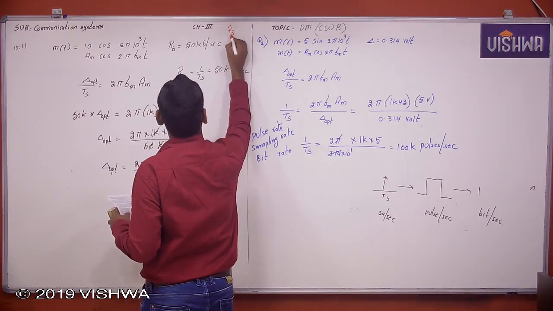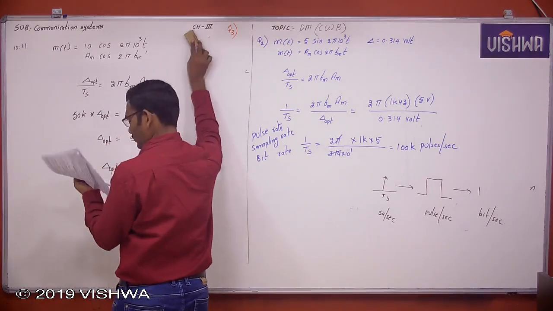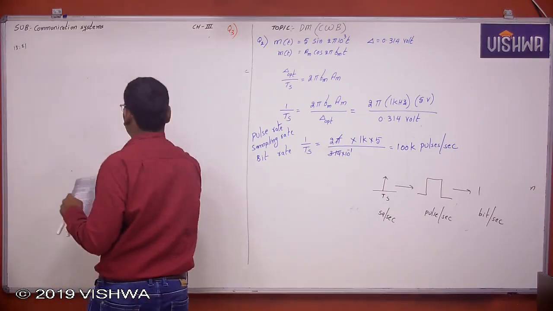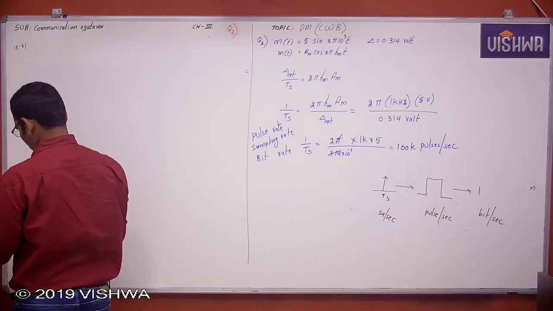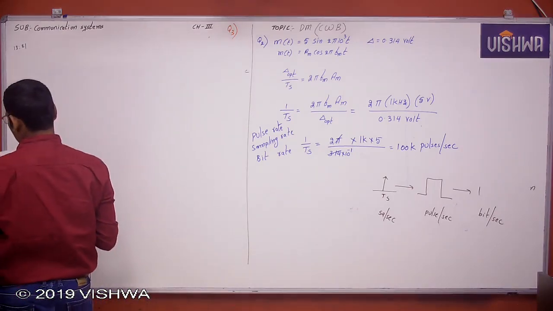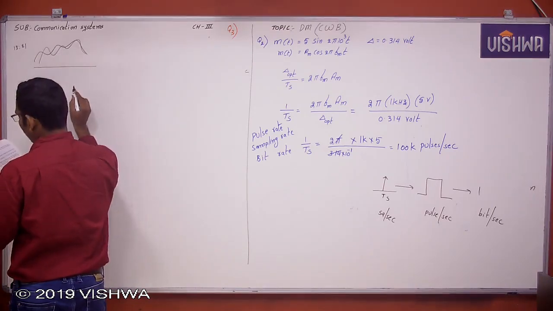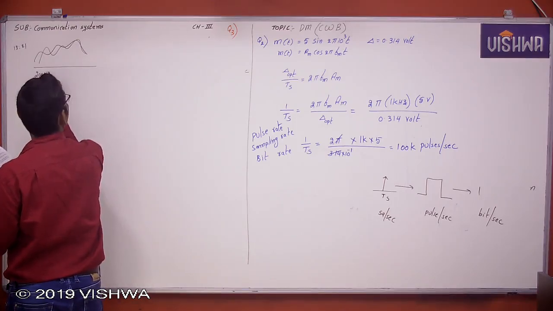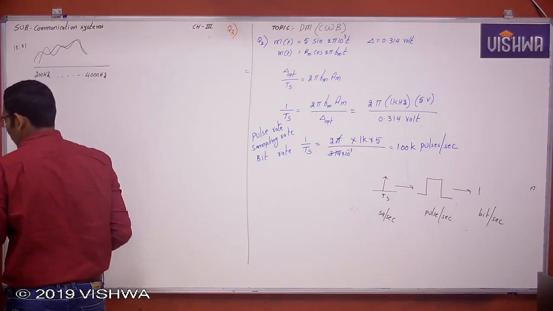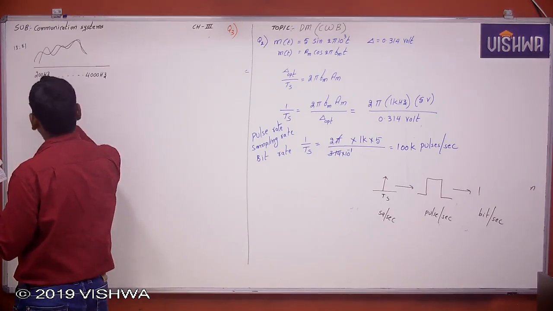Now question number 3. The input to a delta modulator is a sinusoidal signal whose frequency varies from 200 Hz to 4000 Hz.